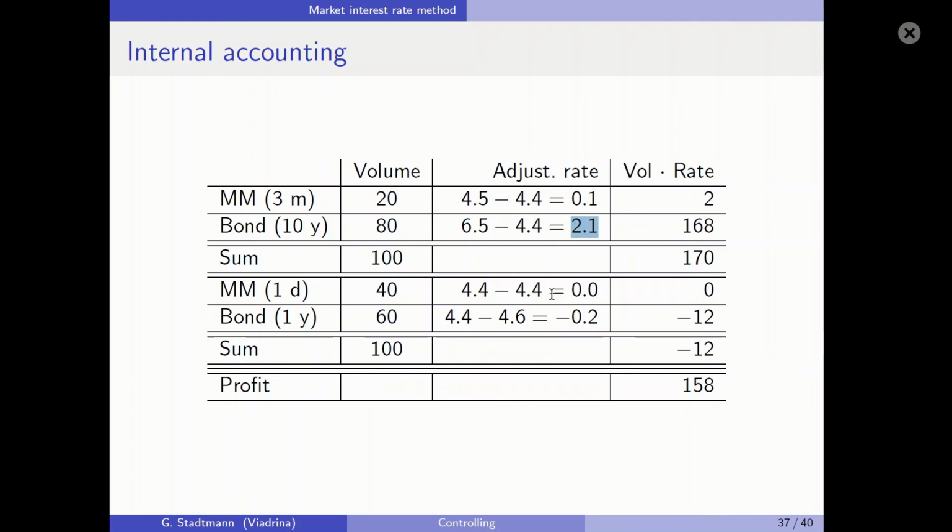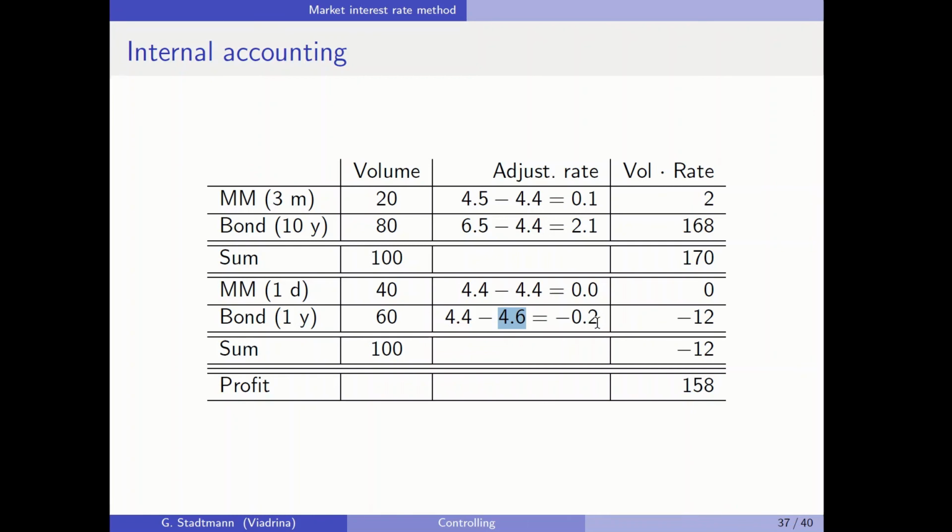When it comes to the liability side, the profit margin on the daily money market rate is of course equal to 0, and the profit margin for the long-term bond is negative. This indicates that the bank is buying liquidity at the interest rate of 4.6%, but could also use the money market to buy this liquidity.